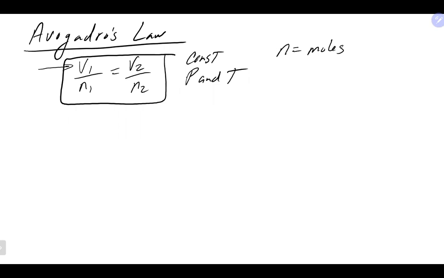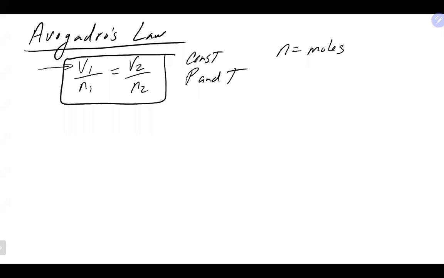The relationship with Avogadro's law is basically that as the volume increases, the moles increase proportionally. So that's another gas law that might pop up somewhere along the way. And again, you use it like any other to solve for one of the three things that may be there.